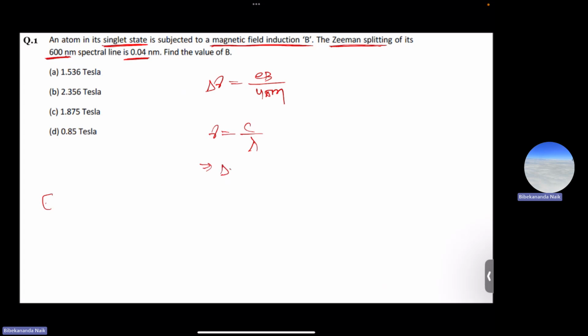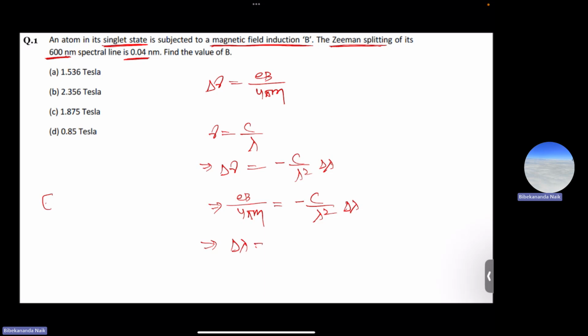So delta nu will be minus c by lambda square delta lambda. That implies eB by 4 pi m is equal to minus c by lambda square delta lambda.